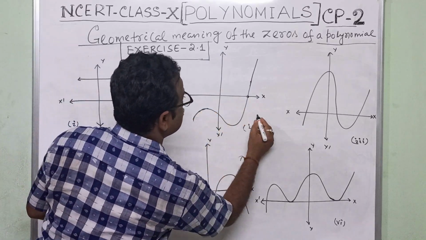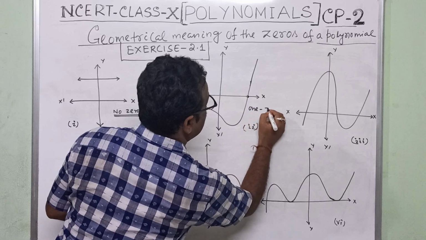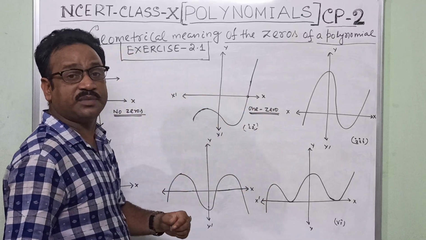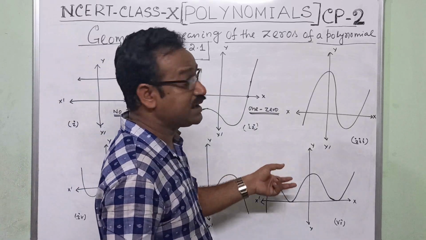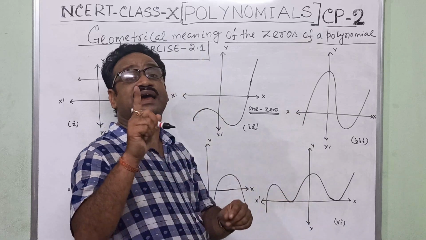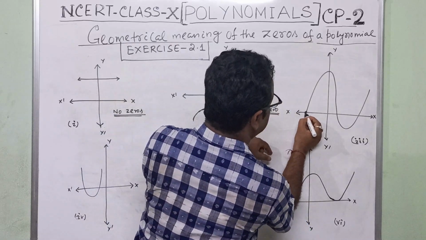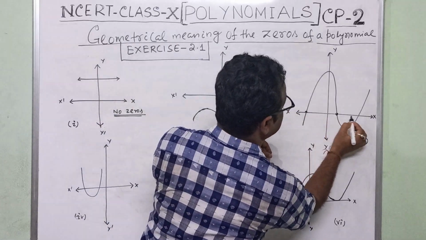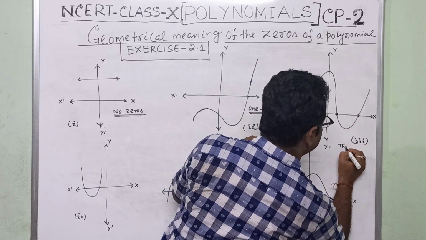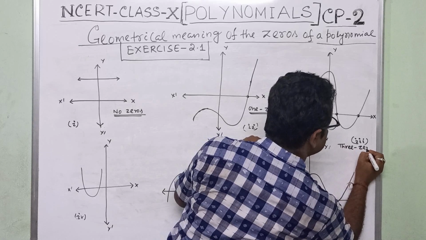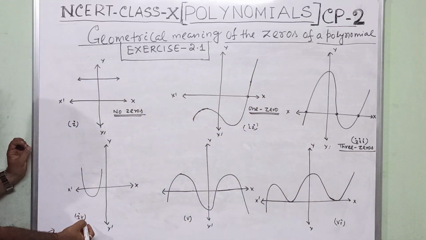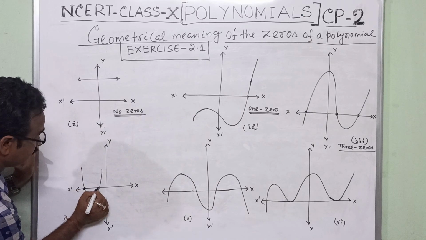Only 1 point. So 1 zero. Coming to part iii, at how many points does it intersect the x-axis? 1 point, 2 points, 3 points. So 3 zeros. Move on to part iv. 1 point, 2 points.